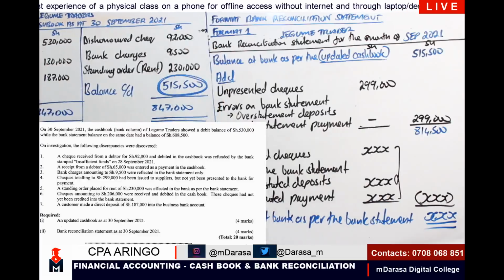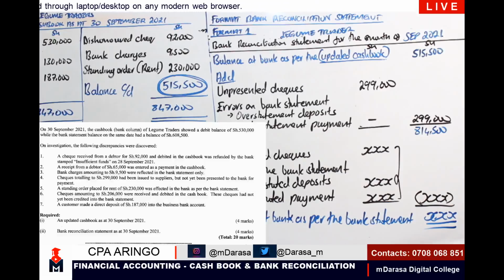And my good students, we had uncredited checks. If we proceed to note number 6, checks amounting to 206,000 were received and debited in the cash book. These checks had not yet been credited to the bank statement.